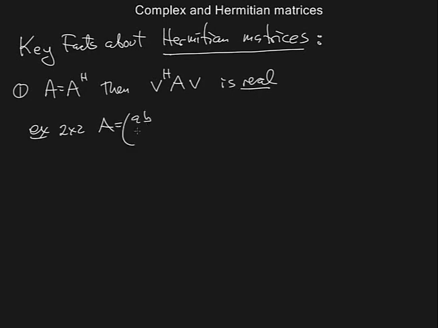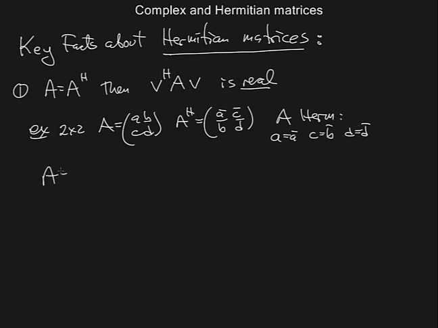So let's do a 2x2 example. A 2x2 Hermitian matrix: if A is this, the conjugate transpose is this, and those are equal if, well, you need A equal to A bar and C equal to B bar, and so on. So you see that A has to have real numbers on the diagonal, so let's call those x and y, and B bar on the antidiagonal, where B is allowed to be complex.